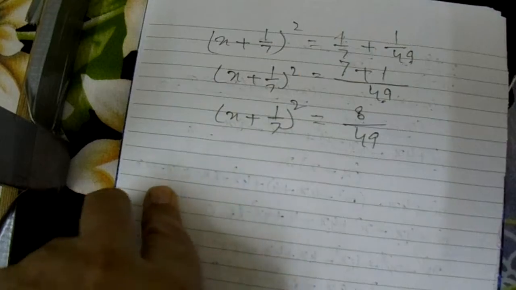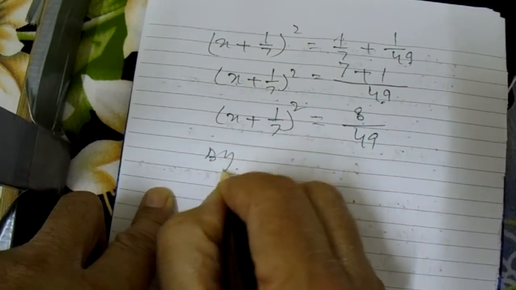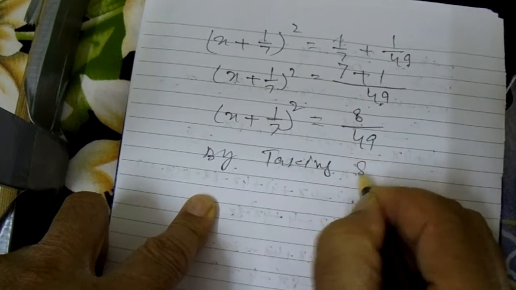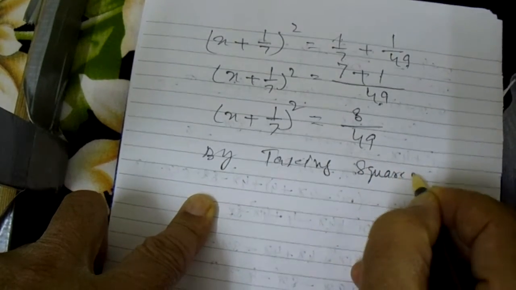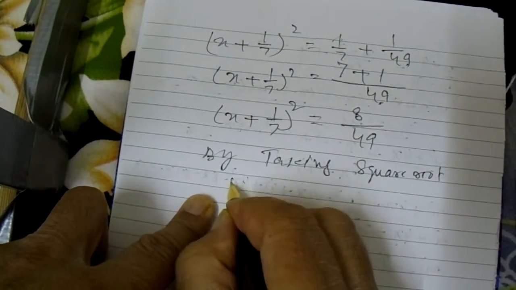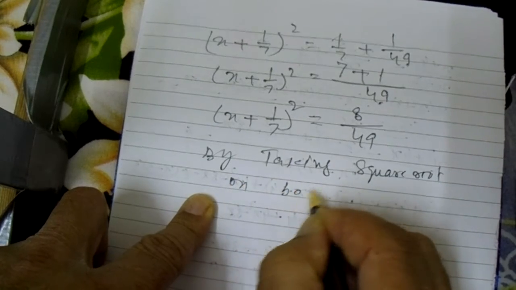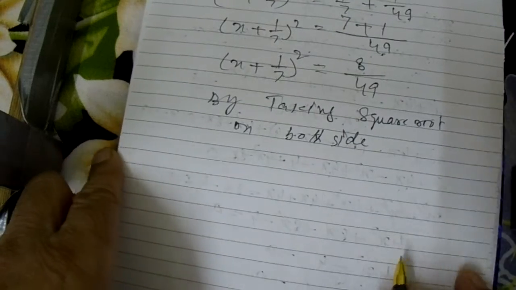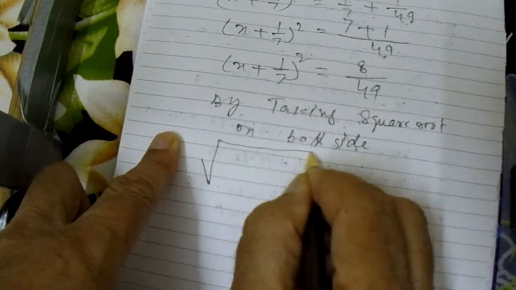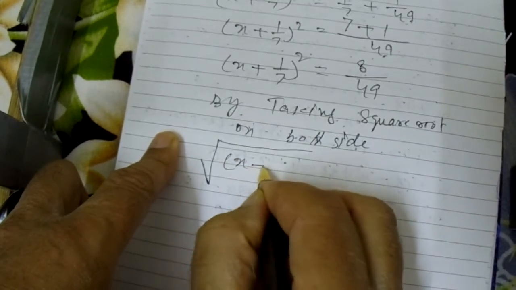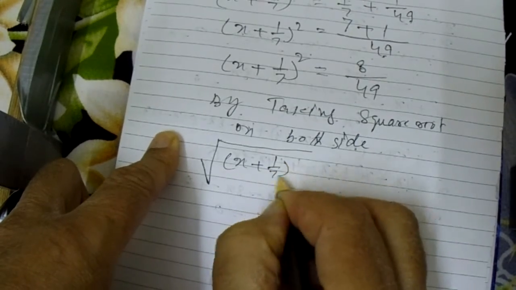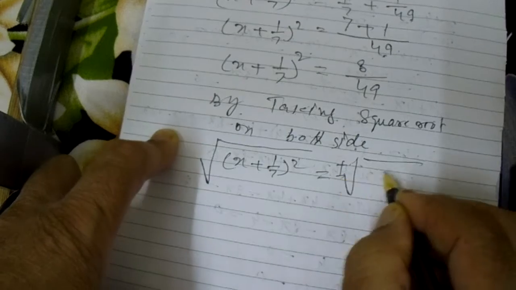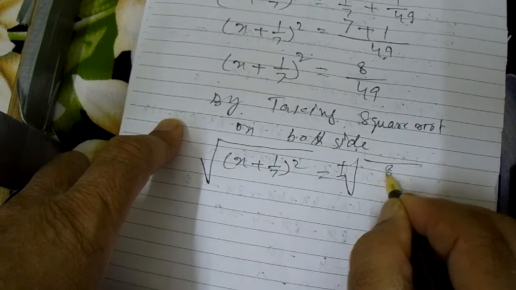Now by taking square root on both sides we get: x plus 1 over 7 is equal to plus minus square root of 8 over 49.